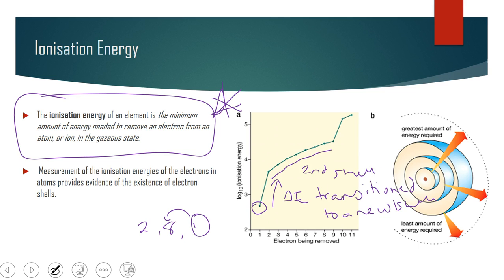Then you can see here, after we've removed those 8, we jump in energy again and remove the last 2 electrons here. So as you can see, this gives us evidence for that shell model, that electrons are grouped in these energy levels.